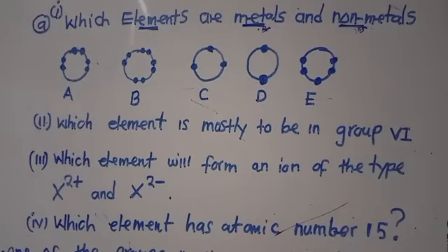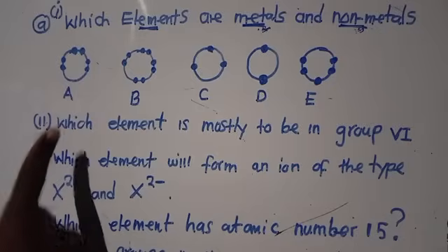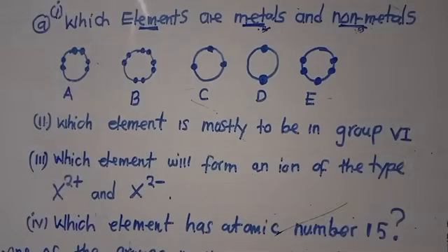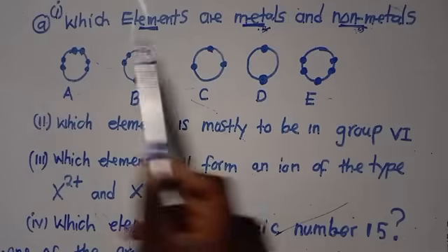So the first one here, we are given these elements. Element A, what is element A? This one is a non-metal. Have you seen? This is what we are given.